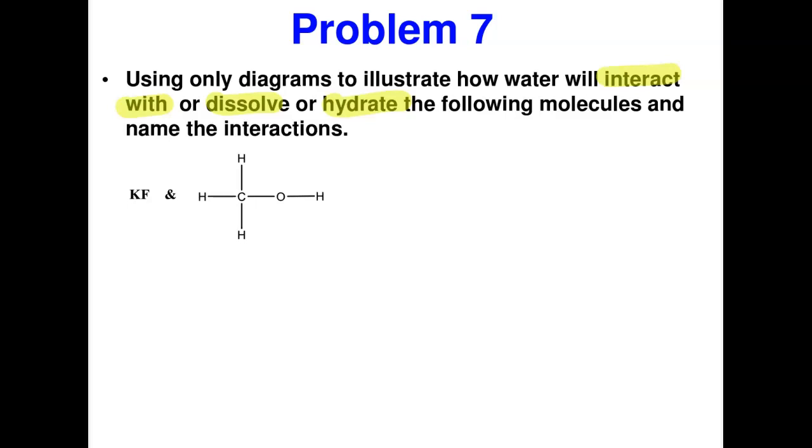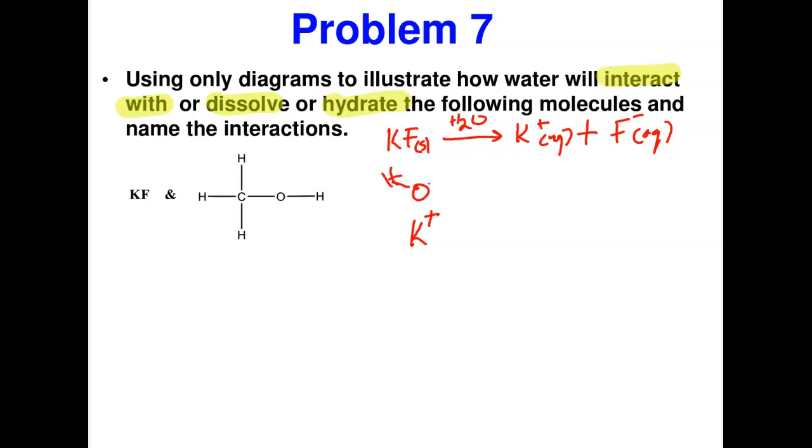So I'm going to do it this way, and first of all, draw what I'm going to draw. Of course, when KF solid dissolves, what is going to form is K plus aqueous plus F minus aqueous. What that tells you is that potassium, here, let me put potassium here, plus will be surrounded by numerous water molecules from the oxygen side, which is negative.